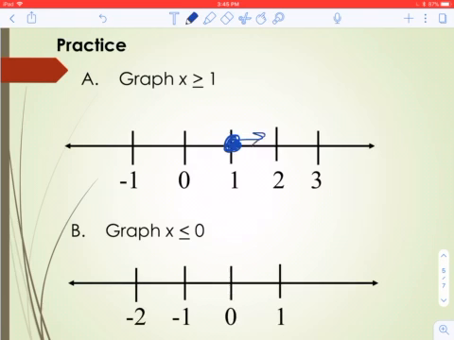The next one is x is less than or equal to 0. Again, is this an open circle or a closed circle? It is a closed circle at 0. And I want numbers less than 0, so should I go toward the negative numbers or the positive numbers? Since the negative numbers are smaller than 0, I make the arrow go to the left.